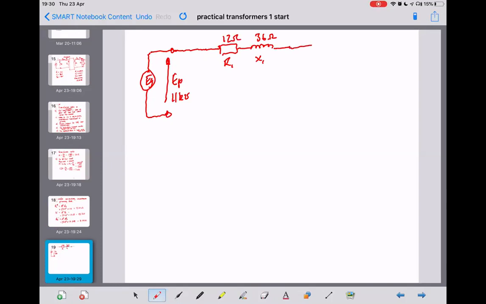We've got R2 dash, 6.05. We've got X2 dash, 22.7, I think, unless I've got that wrong.